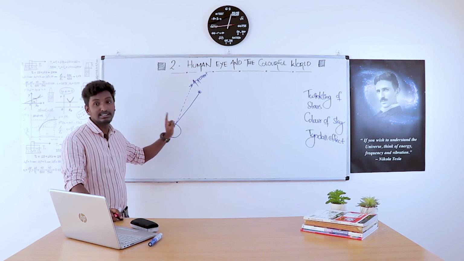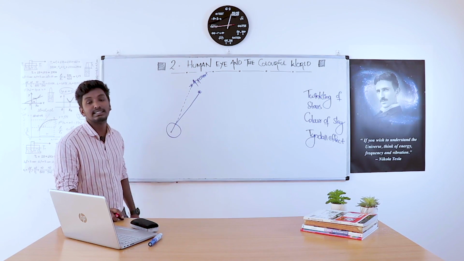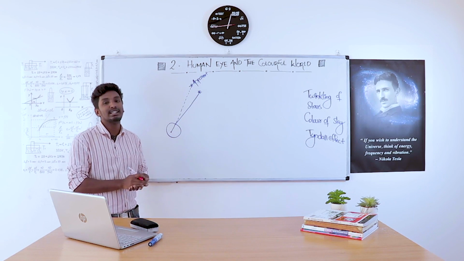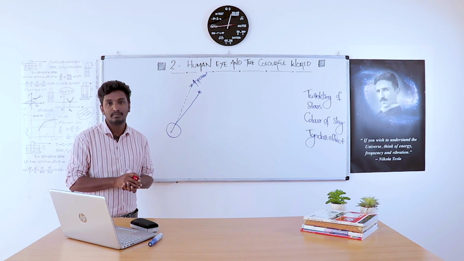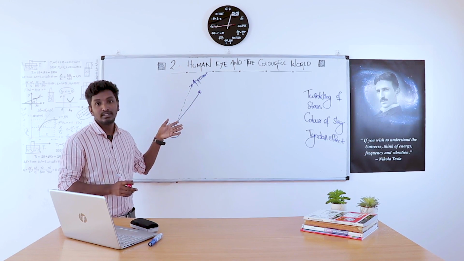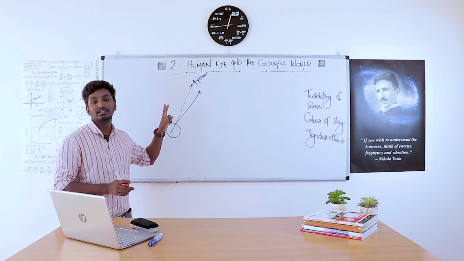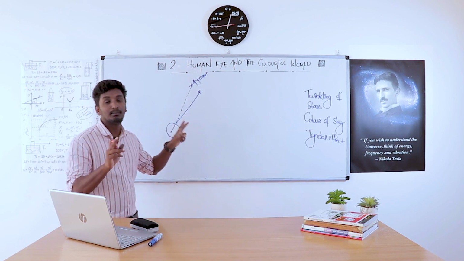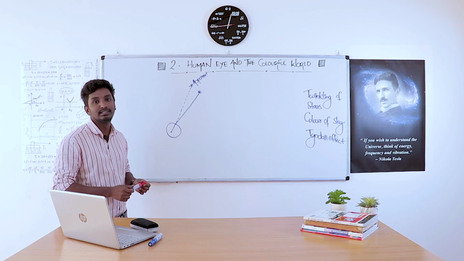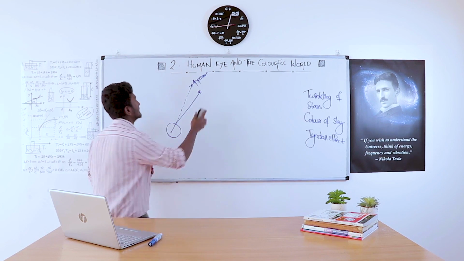So when we are looking at the stars, we are not seeing them in the actual position, but in an apparent position, which is slightly above the actual position. These stars are continuously giving out light, and the apparent position may be continuously changing. This positional change may appear as twinkling of light. That's the twinkling of stars.